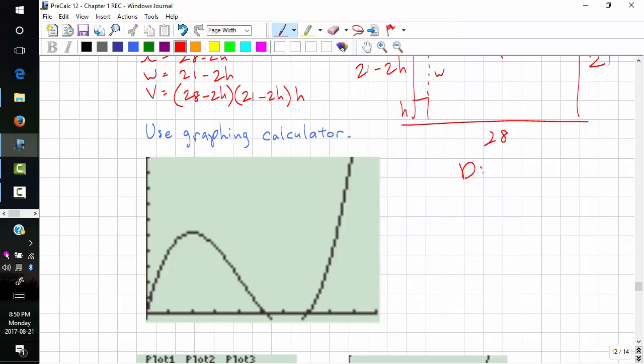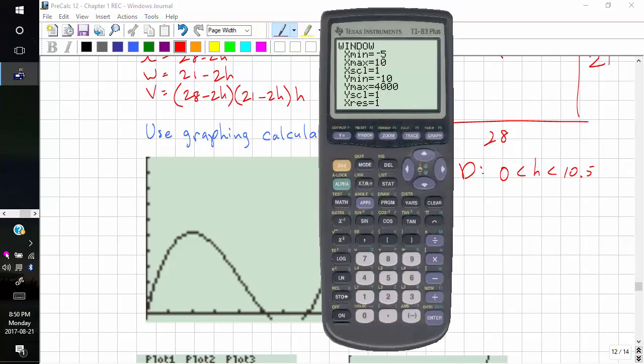So our domain, 0 and 10.5. And we want to make some final adjustments so that we can see all the key features of the curve.